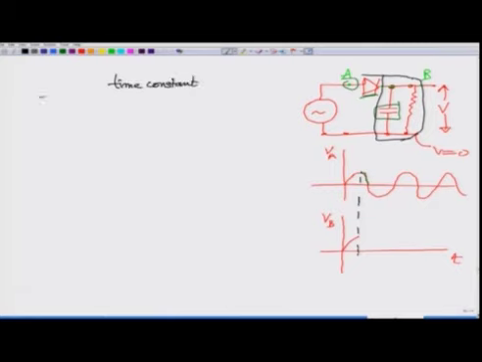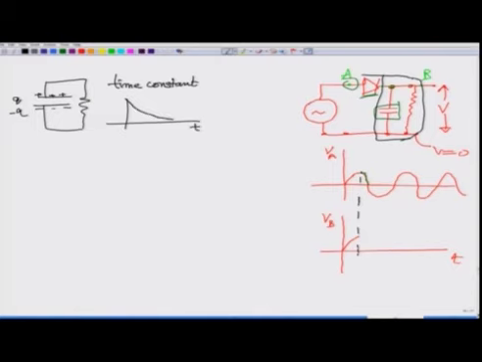Now, I am talking of a circuit where you have a capacitor and you have charges here, some charges Q and minus Q, and you connect this to a resistance. Then as a function of time, the voltage or this Q will decrease exponentially.